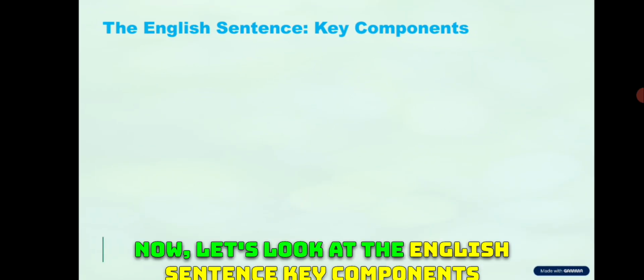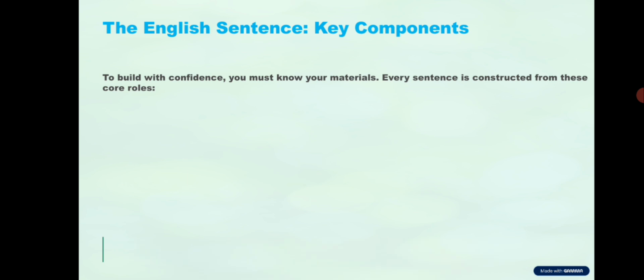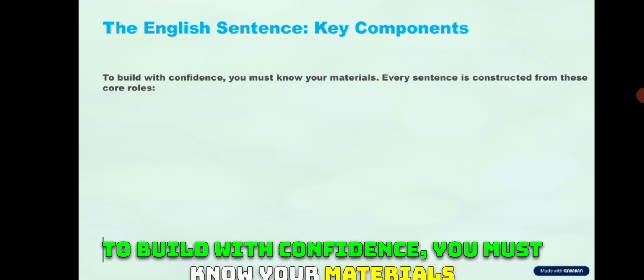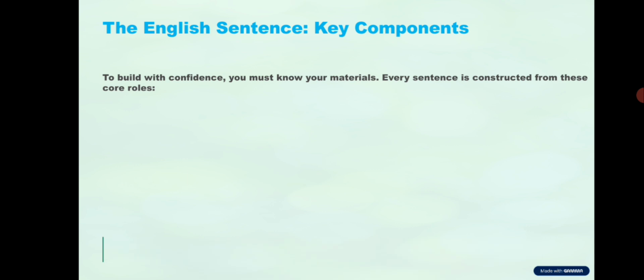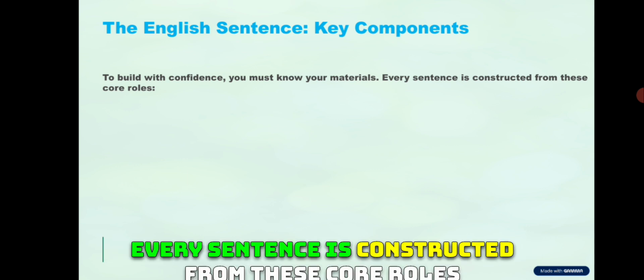Now, let's look at the English sentence key components. To build with confidence, you must know your materials. Every sentence is constructed from these core rules.